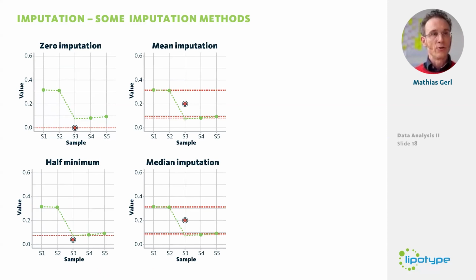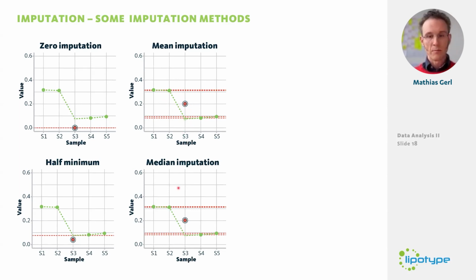Other algorithms that you usually use are median or mean imputation. And that's, of course, also very relatable, that you would say all values should cluster around the mean. So the most likely value is the mean, and we replace our missing values with the mean value.